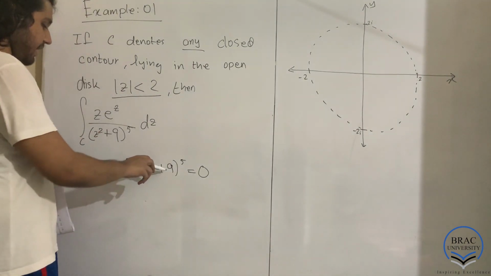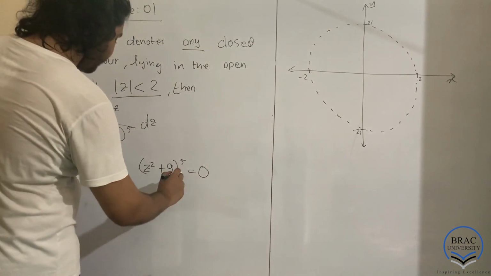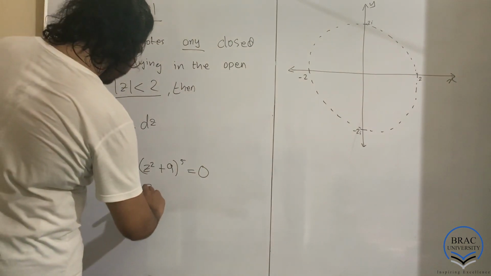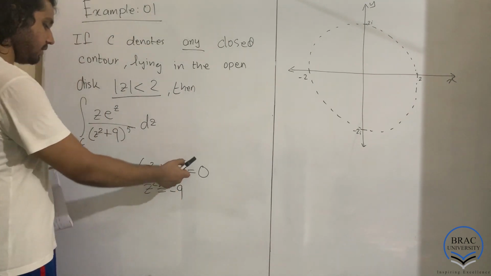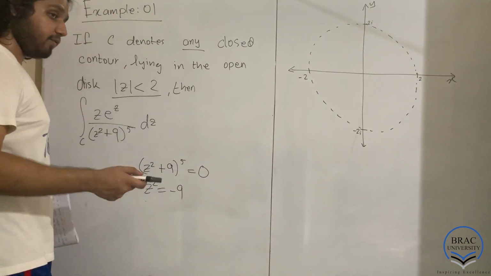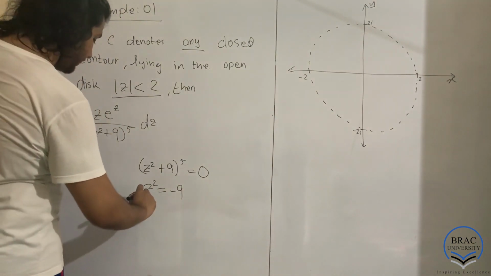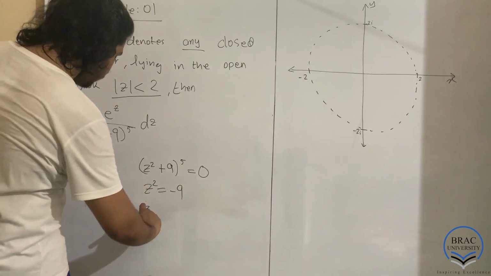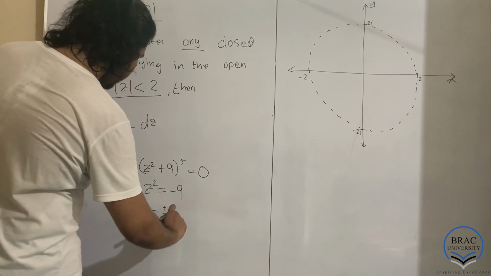So we have (z squared plus 9) to the power 5 equal to 0. It's pretty simple. Taking fifth roots on both sides, z squared is equal to minus 9. Then taking square roots on both sides, z is equal to plus minus 3i.